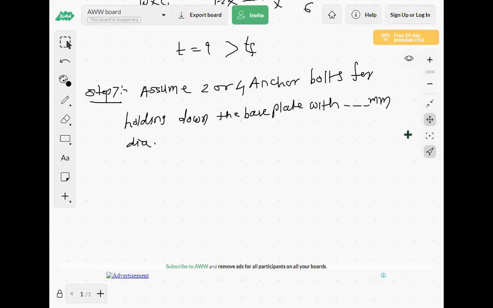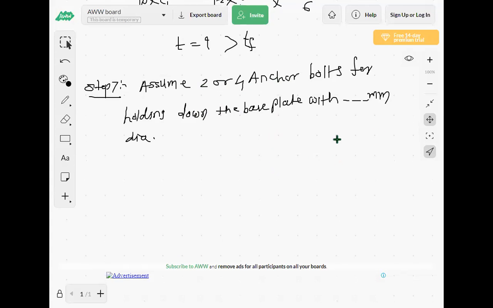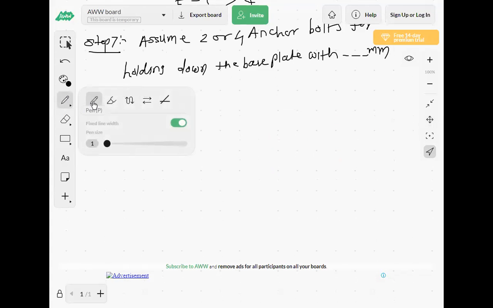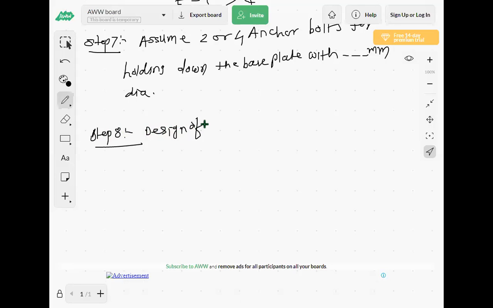Okay, and now next step number 8: design of bolted connection.